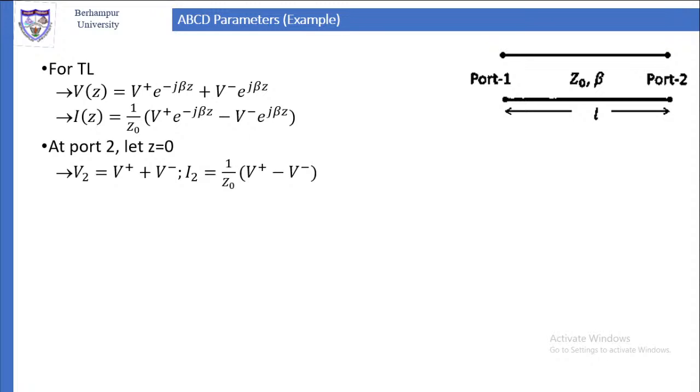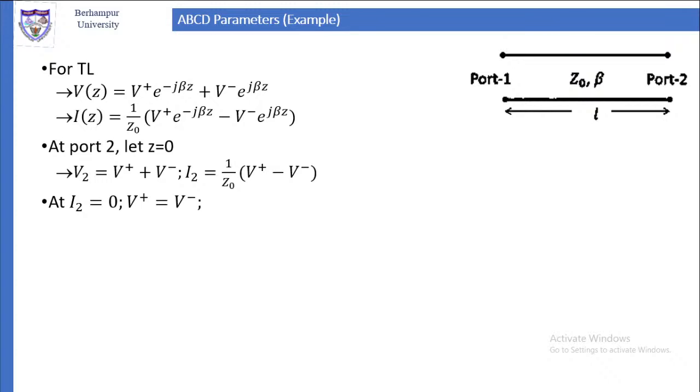That will be equal to V plus plus V minus, because exponential plus minus j beta into 0, exponential 0 is equal to 1. Similarly, I2 is equal to 1 by Z0 into V plus minus V minus. So that is at port 2.